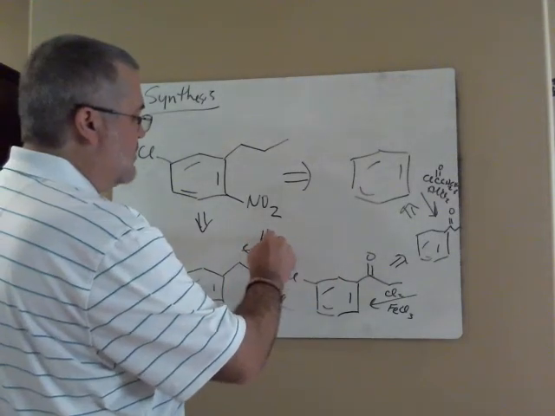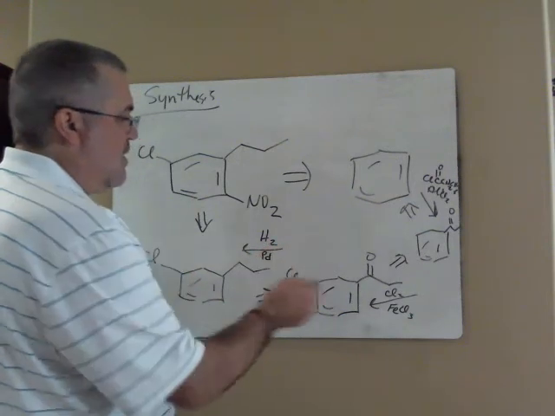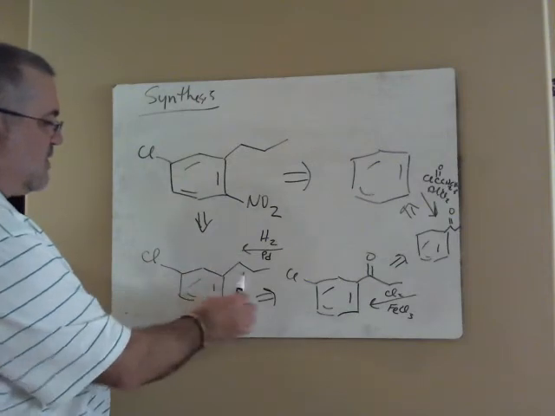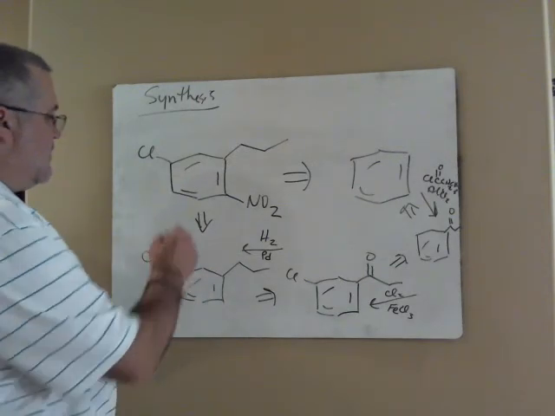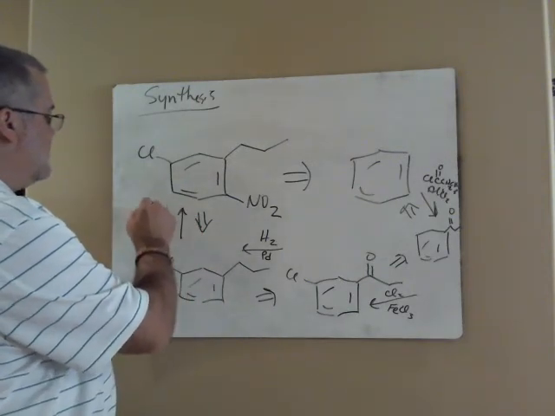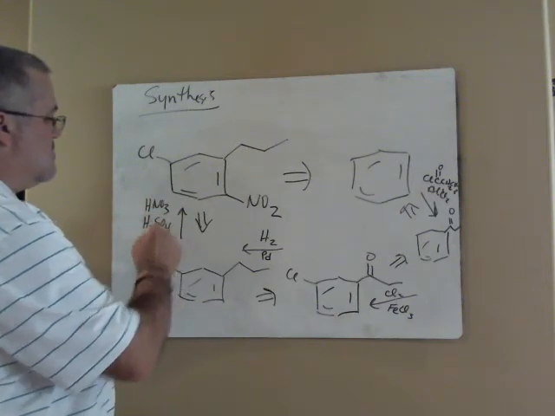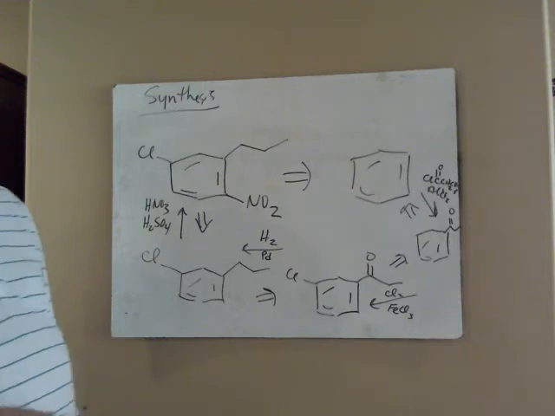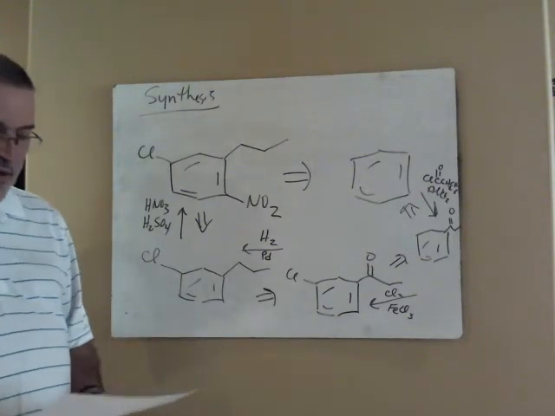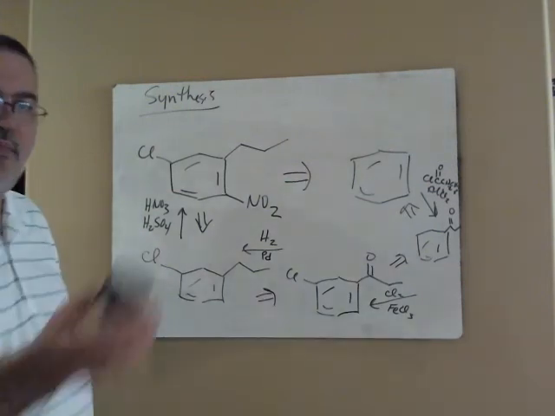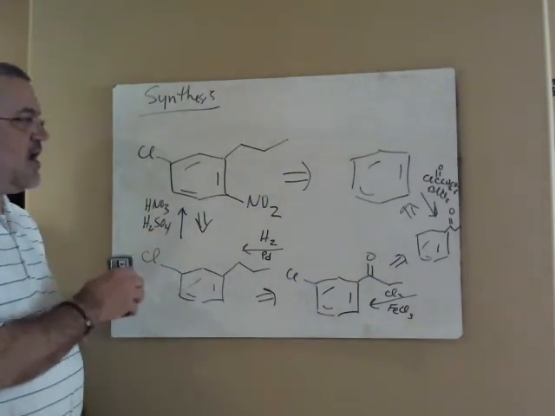But now that we know that you can just simply do hydrogenation, instead of Clemmensen, you can reduce to this. And then it's just a matter of doing the nitration. And you get that product. All right? So hopefully with the benefit of having these things recorded, you can go back and go through this a couple times if you need to.